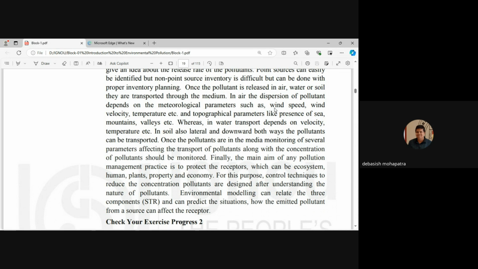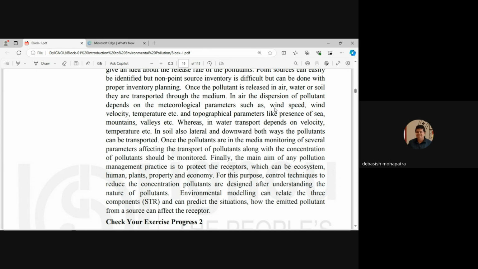Finally, the main aim of any pollution management practice is to protect the receptor, which can be ecosystem, human, plant, property, and economy. For this purpose, control techniques to reduce the concentration of pollution are designed after understanding the nature of pollutants.